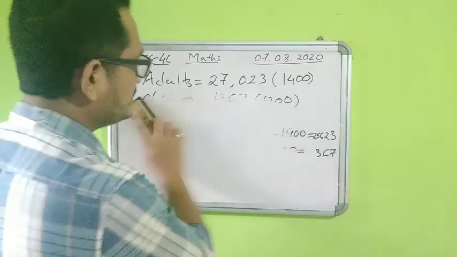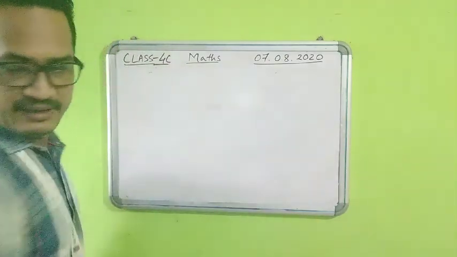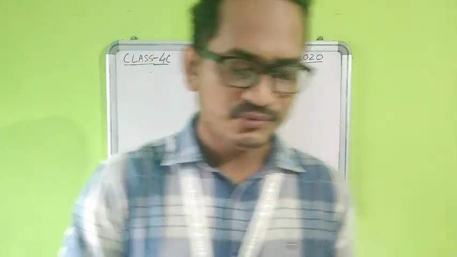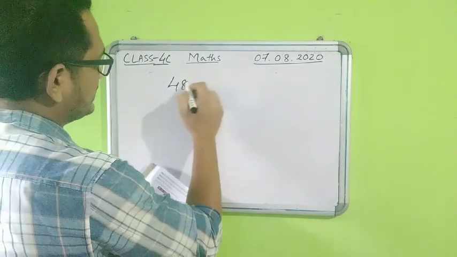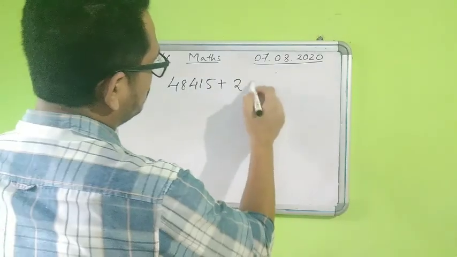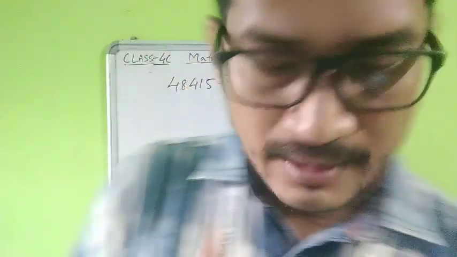So students, last year also in the same IMAX book, you have seen how to add and how to subtract. Now this time we will deal with 5-digit numbers. Let's take the example of the textbook question, 48415 plus 20098. Now we need to add these two.